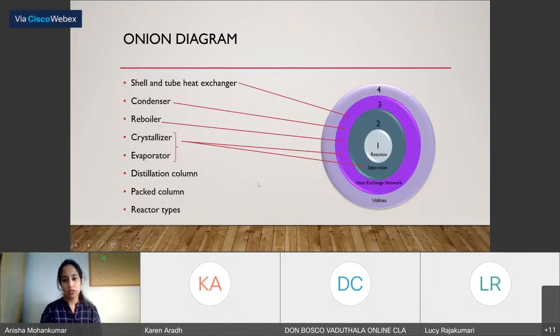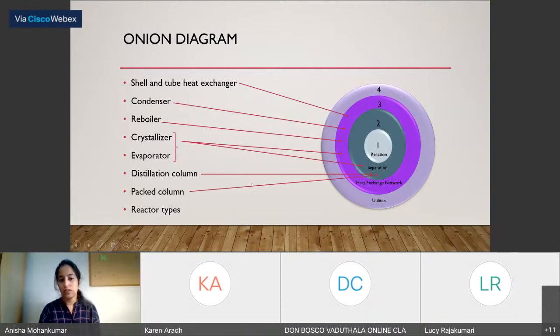And distillation column is again a separator unit. It separates products based on different boiling points. If one has a higher boiling point, it gets separated from the bottom, and if the other product has a lower boiling point, it gets separated from the top. The efficiency depends on the construction of the distillation column.